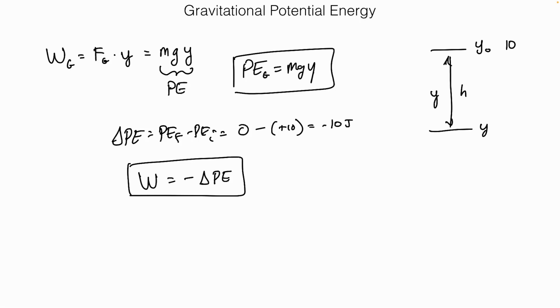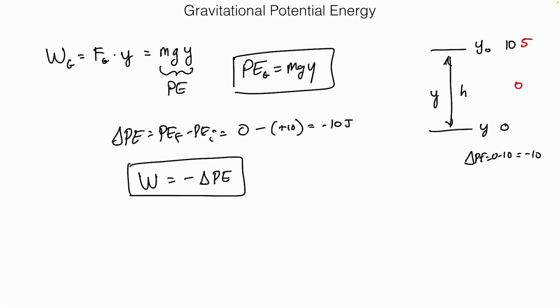So if this was 10 and this was 0 to start off with, then that delta potential energy is 0 minus 10, which gives us a minus 10. Now I'm saying this is 5, where the 0 is in between. And if we are below 0, our distance and our energy, mgy, it's a negative y now, isn't it?